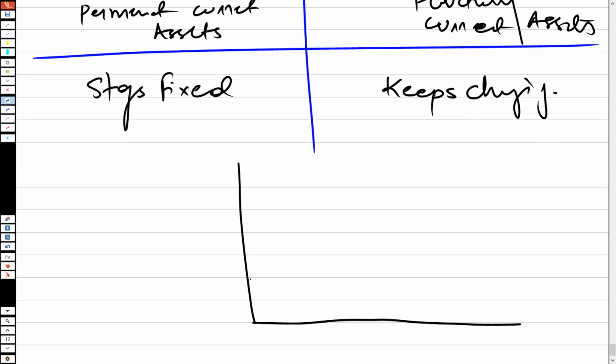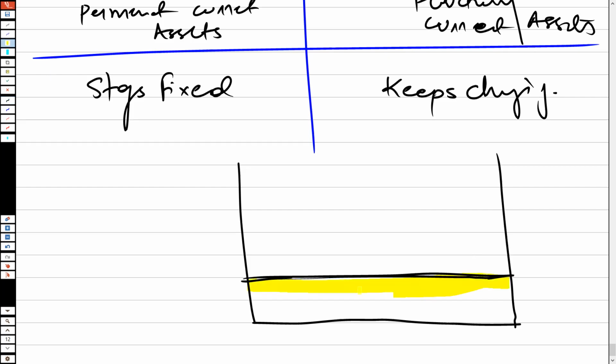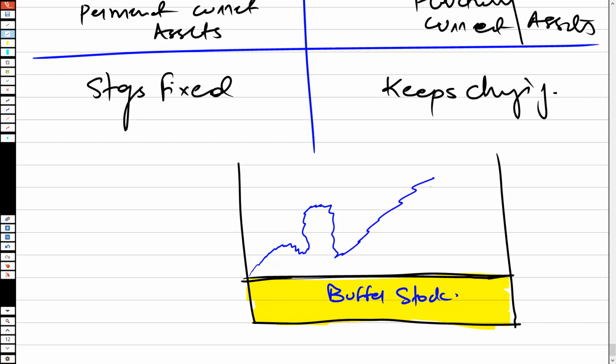See, for example, as an entity, at times you might actually have a buffer stock. I'll assume that this is your warehouse and this is the warehouse inventory levels. Let's say this is a buffer stock. Now, what actually happens is that your inventory keeps on fluctuating, so on and so forth.